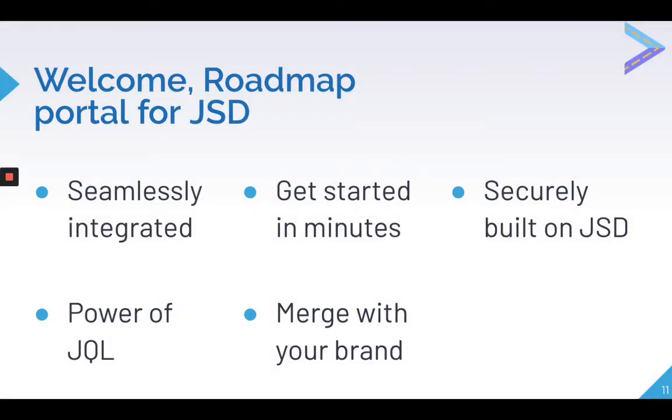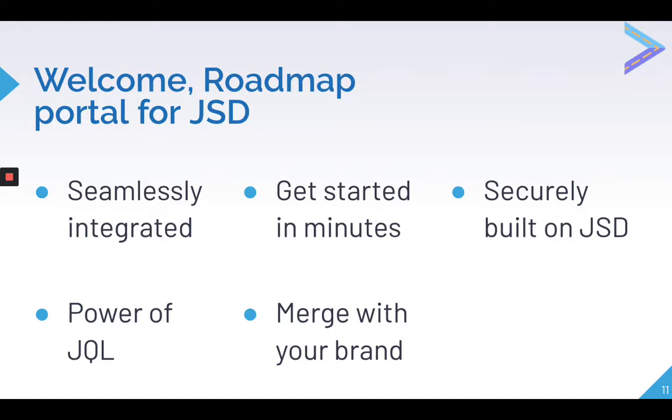So this is where the roadmap portal for Jira Service Desk comes into play. It's seamlessly integrated into your Jira Service Desk workflow. You can get started in minutes. It's built securely on top of Jira. None of your sensitive data is just going to get out of your Jira Service Desk.